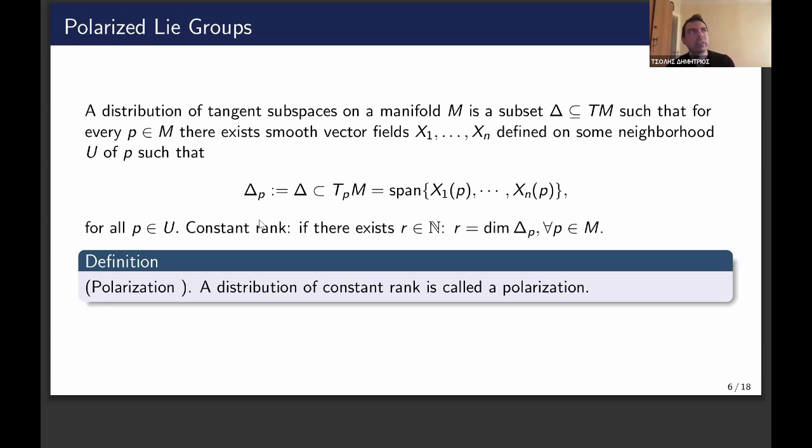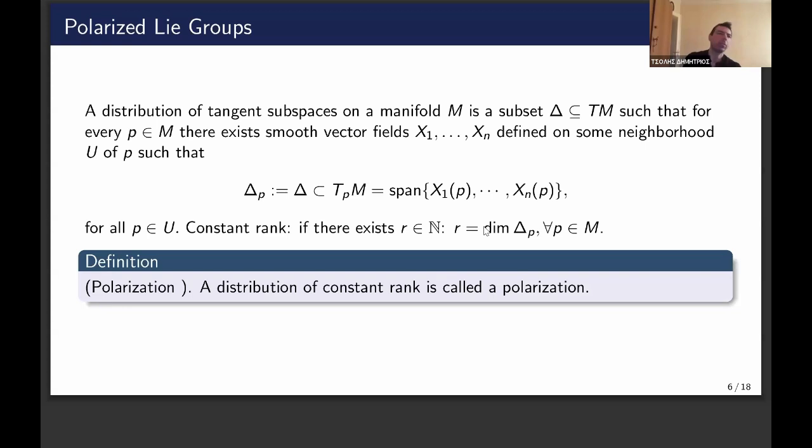If this subspace has the same dimension at every point of the Lie group, then we say that it has constant rank, and we call this a polarization.